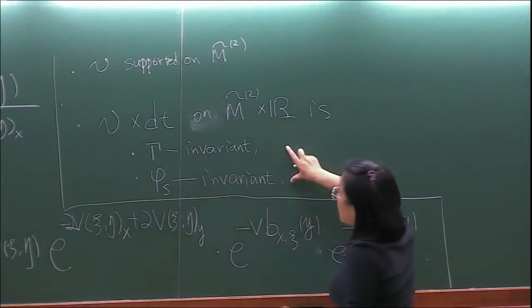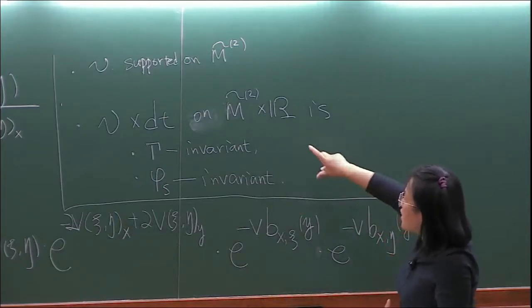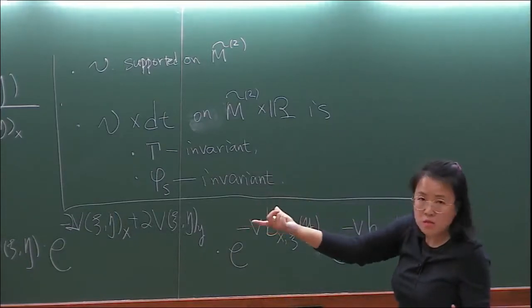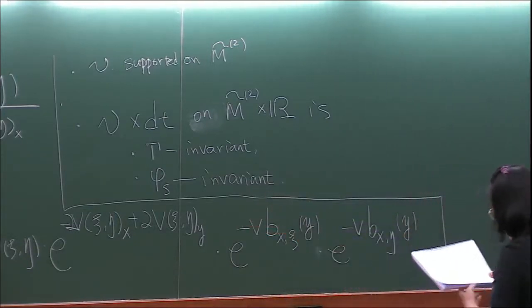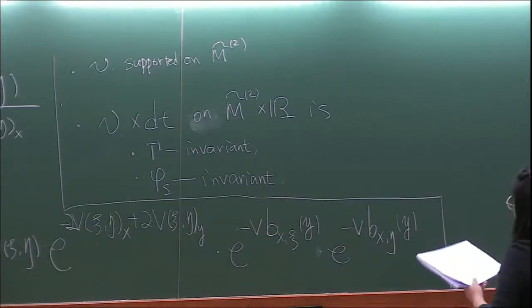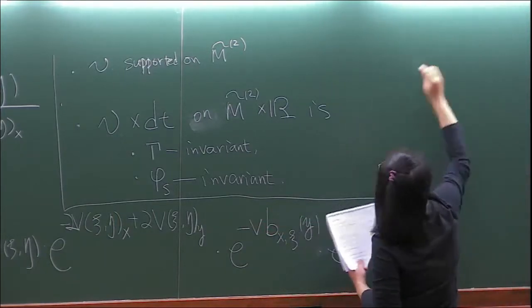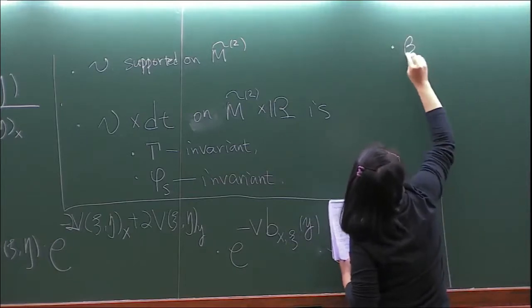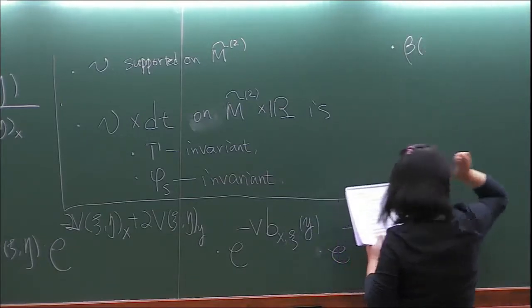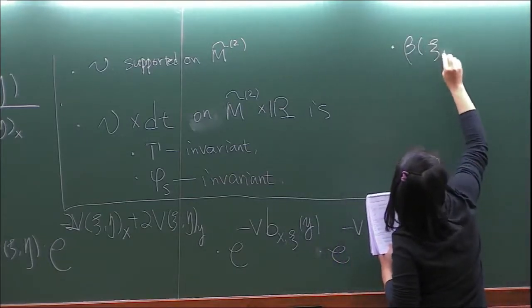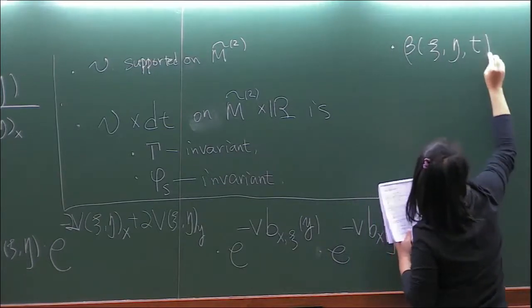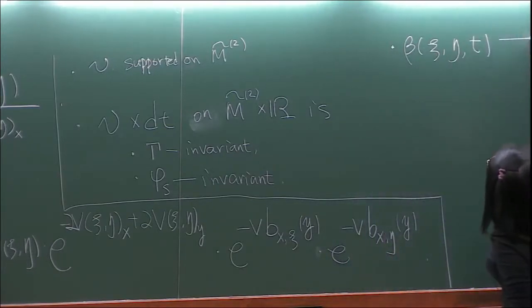So how do you show this? Actually, you just see the change in the coordinate. So what you will see, if you apply beta to this, eta cos t. So what's the consequence?